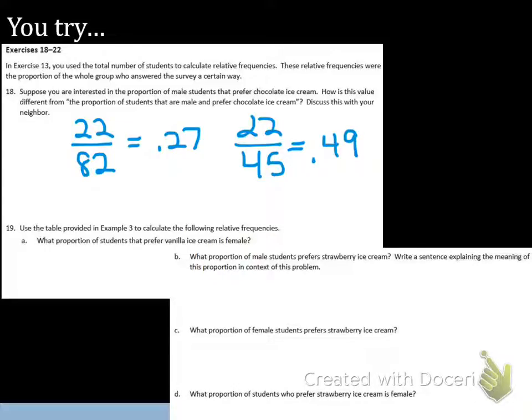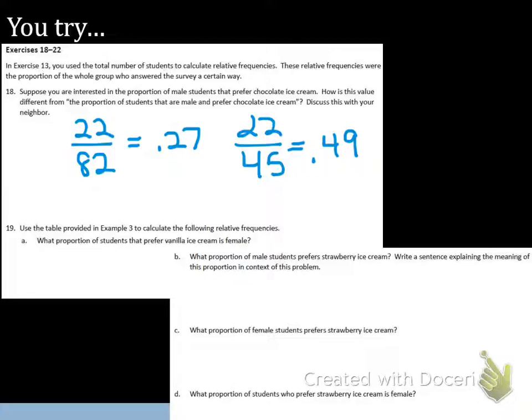So that shows the males that preferred chocolate, not if they were male and preferred chocolate. The first one uses that total of 82, and the second one that talks about males preferring chocolate refers to only the males, so that total was 45.